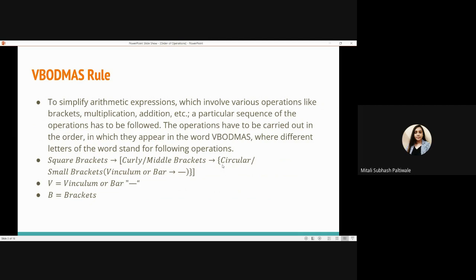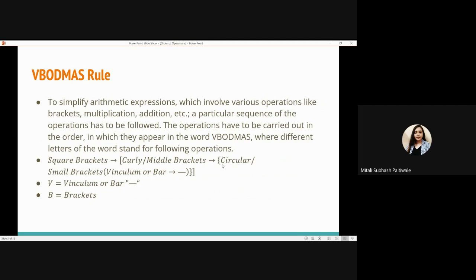Normally we get expressions or equations that come with brackets, multiplication, squares or roots or something like that. In that case, you have to first simplify it. But how? We'll be learning all of that. Whenever we are solving these kinds of problems, we have to follow a particular sequence.